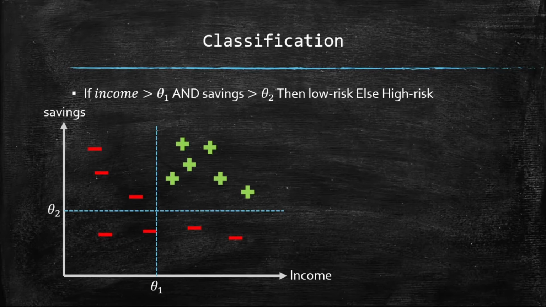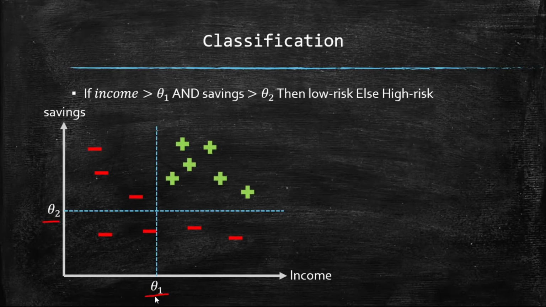And I'm going to name each one of these lines where they intersect the axes using these letters. So theta 1 right here is the value for the income, and theta 2 right here is the value for the savings.